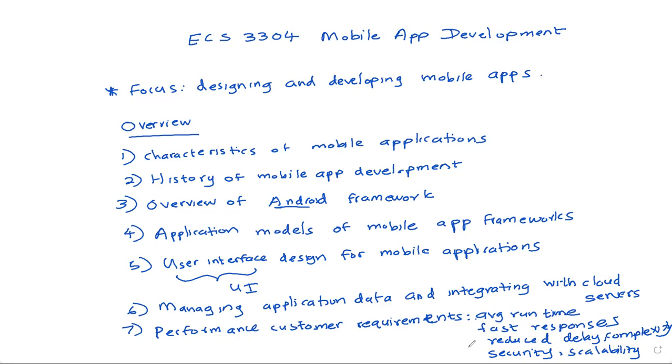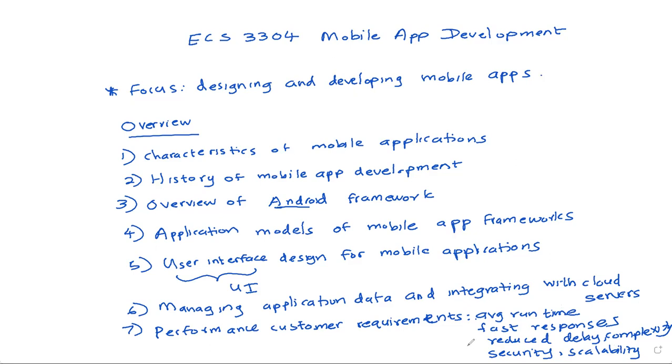Okay, so we require our apps to be scalable and used in as many devices as possible. So our app must be able to integrate with different systems, different phones, for example, and it should be able to run on all those different phones. So we are concentrating on such kinds of performance. We concentrate on the runtime, like how much runtime it takes for a process to run in the application. And then we also want fast responses from our application.